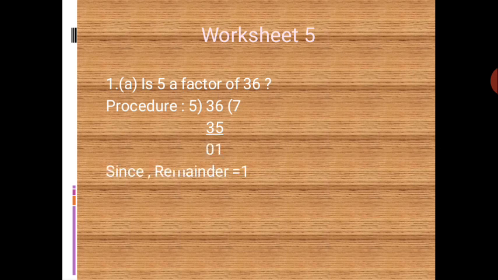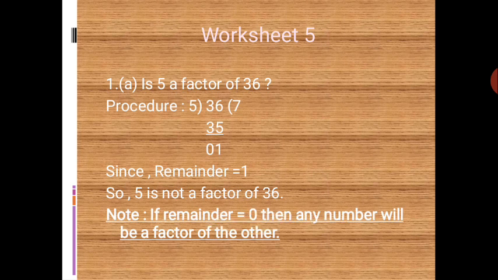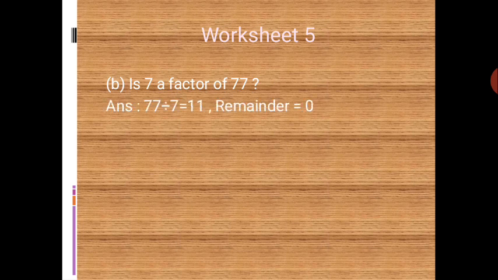So we can conclude that 5 is not a factor of 36. In question number b, is 7 a factor of 77? So again we divide 77 by 7, and here you can see the remainder is equal to 0. So 7 is a factor of 77.